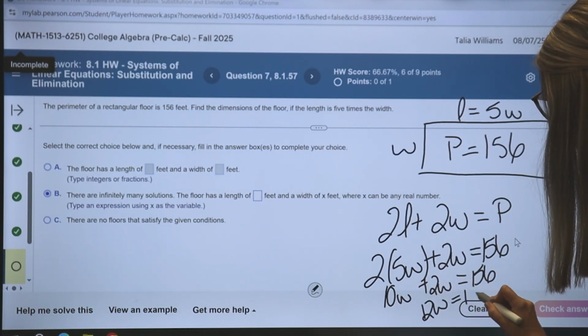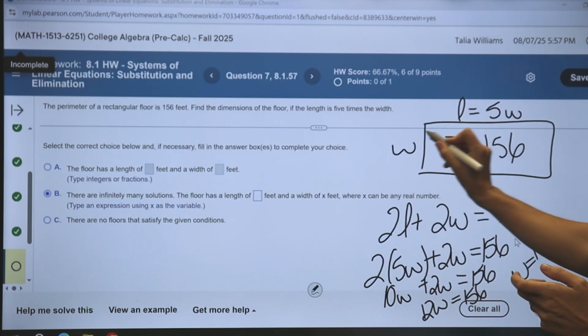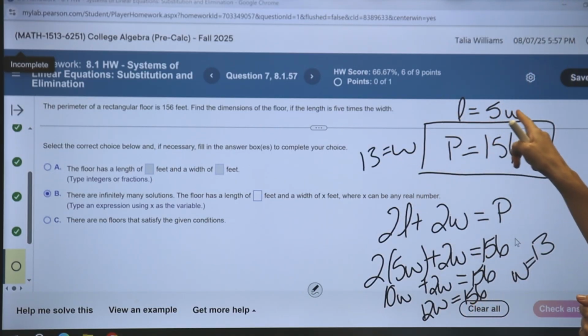12W equals 156. So W is 156 divided by 12, which is 13, right? I'm double checking. I don't like trusting myself on basic math. Yep. So W is 13. And our length is 5 times W, so 5 times 13.